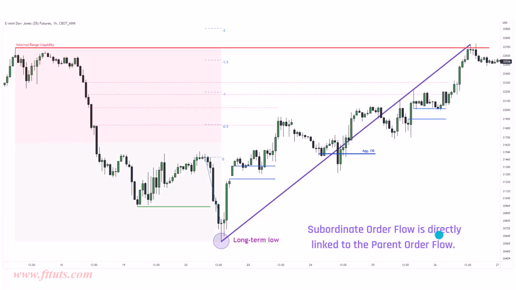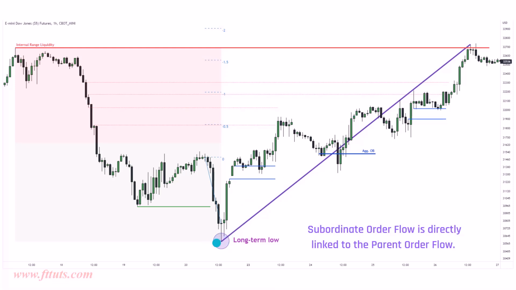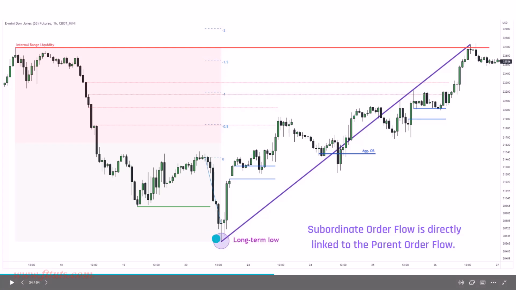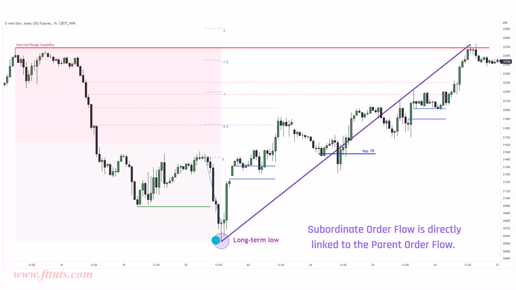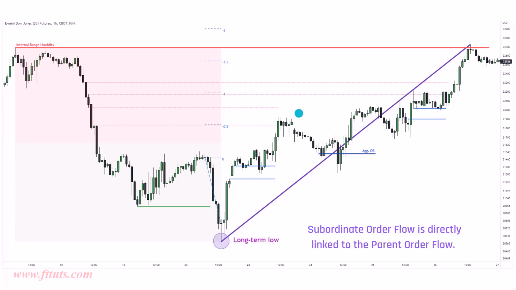Subordinate order flow is directly linked to the parent order flow. Okay, so all these displacements is because we had that long-term low here, which is from the long-term perspective. So since this is providing the bulk of the volume in the market, we are expecting to see those displacements happen.